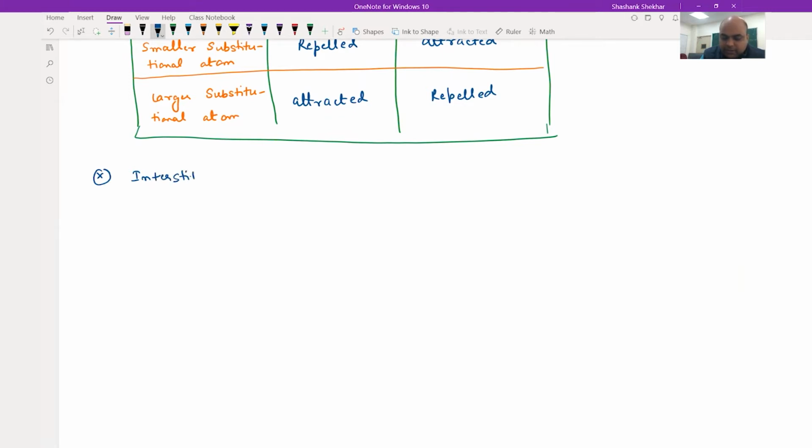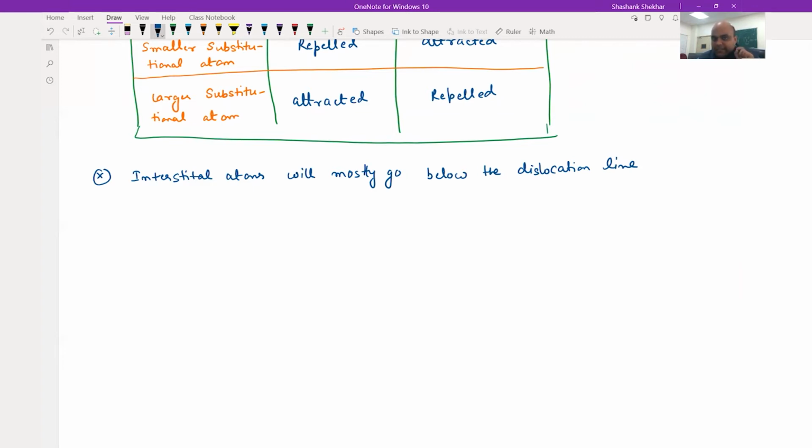So interstitial atoms will mostly go below the dislocation line. So both, whether interstitial or substitutional atoms, will be attracted towards the core of a dislocation line, or core of a dislocation.